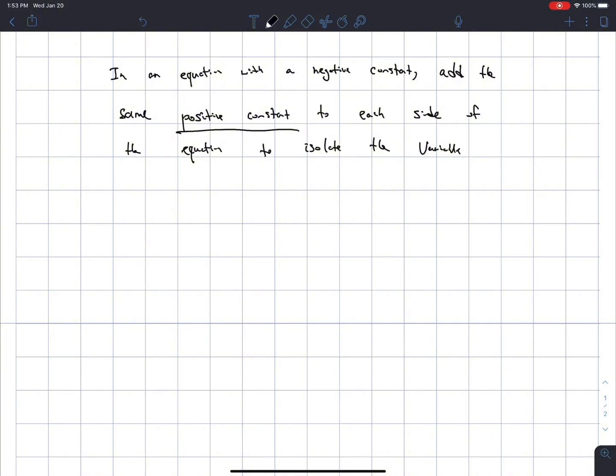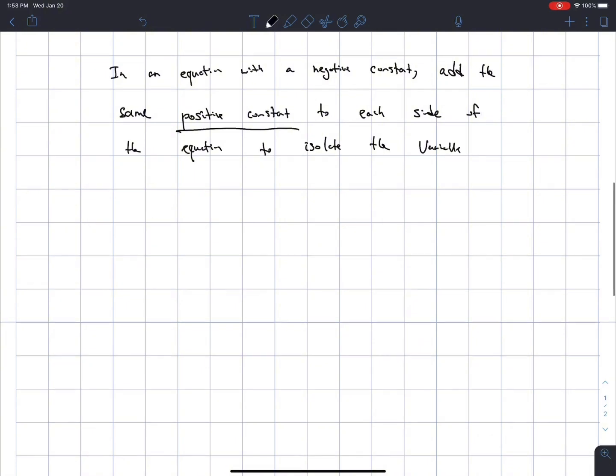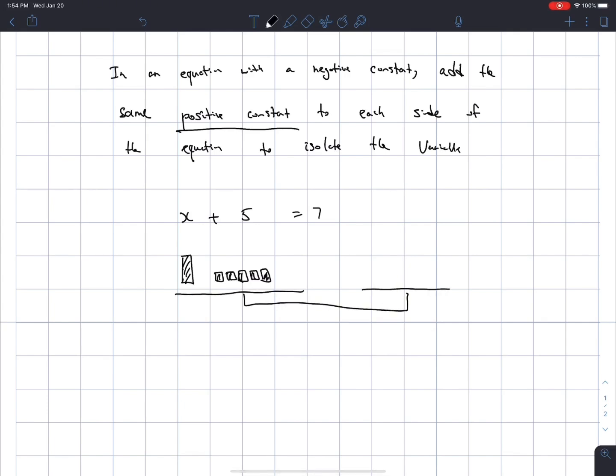So you see, if someone tells me x plus 5 equals 7, I can say that this is x, and then adding 5, just 5 little squares. And this equals, when you think about this on a scale, it just means that it is balanced. 1, 2, 3, 4, 5, 6, 7, right?